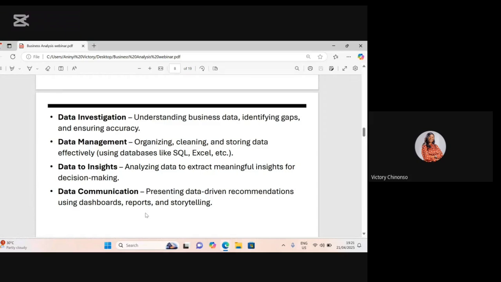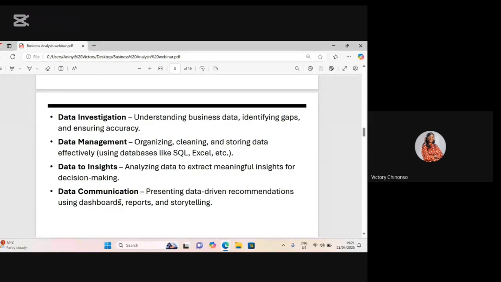Now we go over to data management. And what is data management? This is like cleaning your data and making sure your data is ready for analysis. If you don't have clean data, there is no way on earth you are going to submit a proper analysis, or get proper insights to solve business problems. Now, we have tools like Excel, SQL, and even Power BI that we use to clean our data.